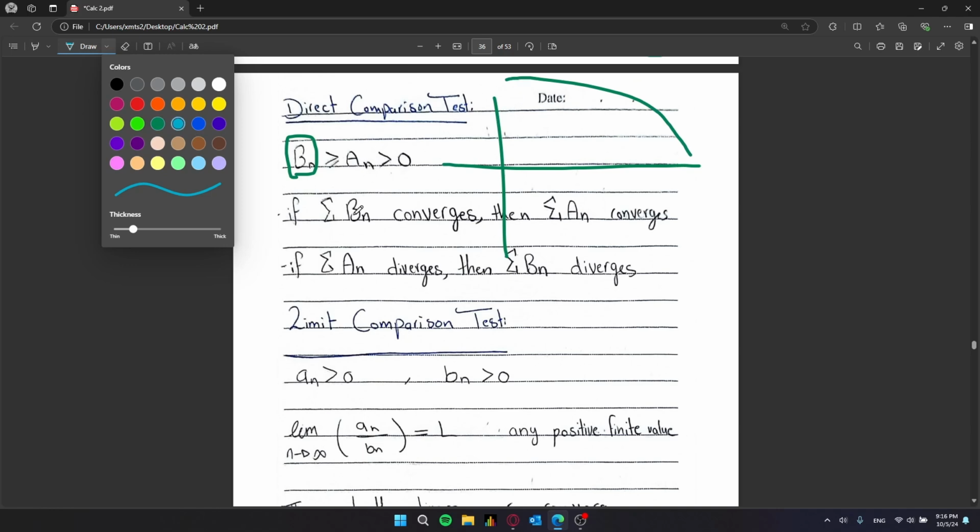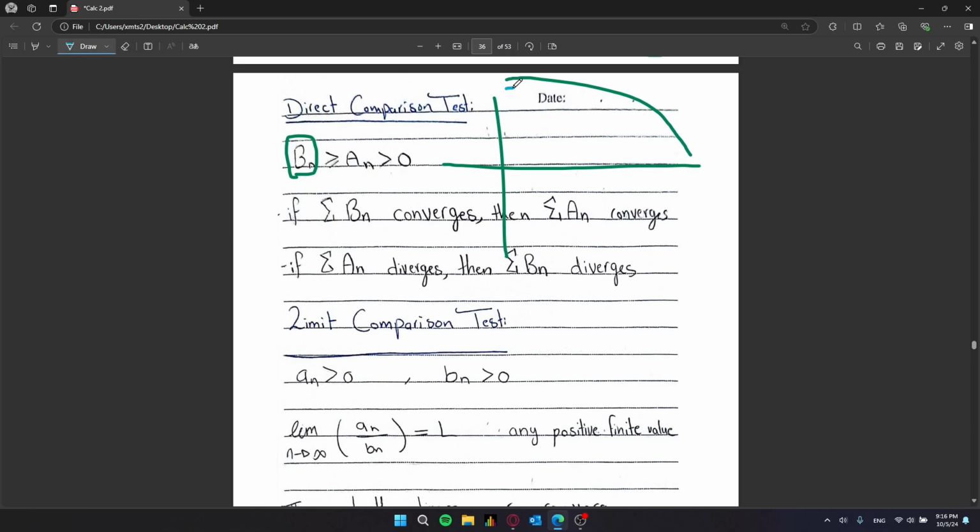If b converges, then we know for certain that a also has to converge, because a is limited to being smaller than or equal to b, and we know that b converges, so a must absolutely converge. It cannot diverge, because then it would no longer be less than b.